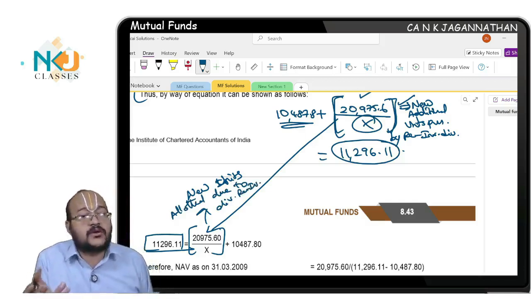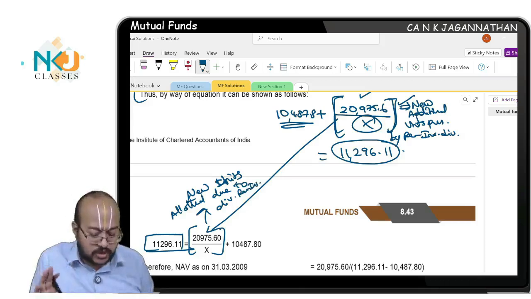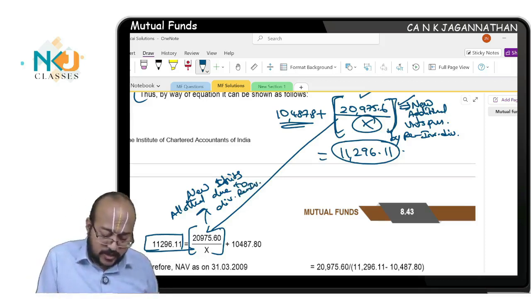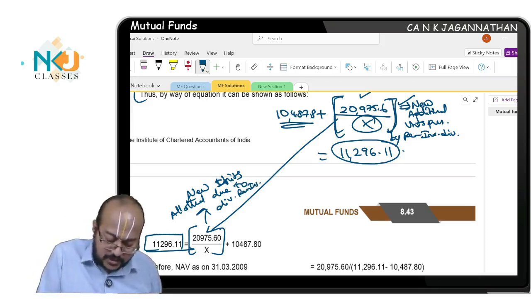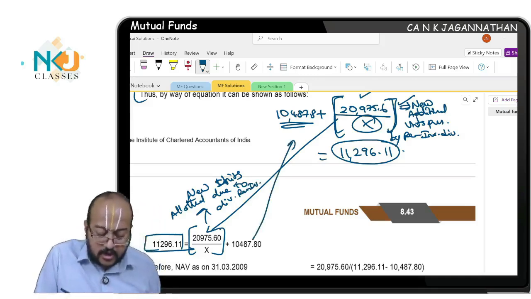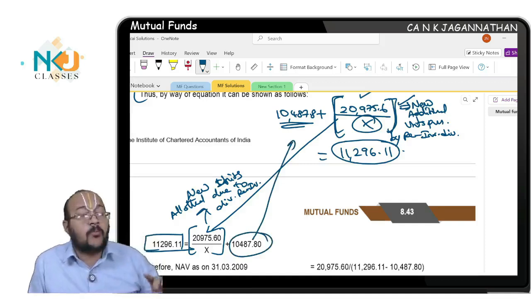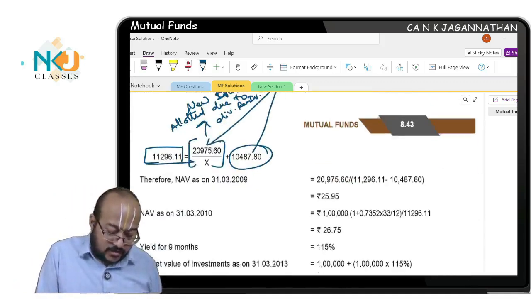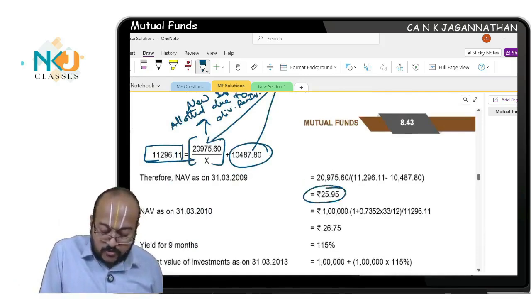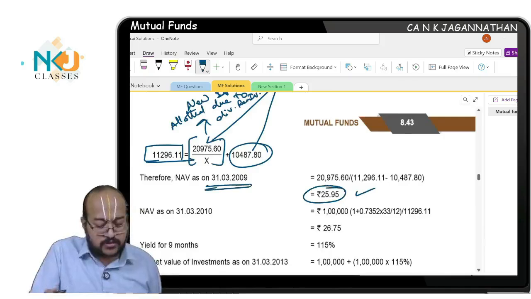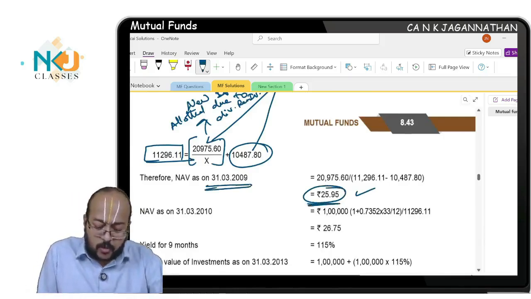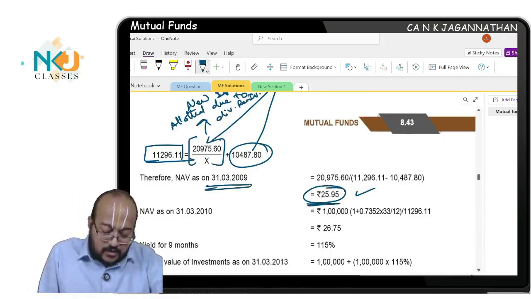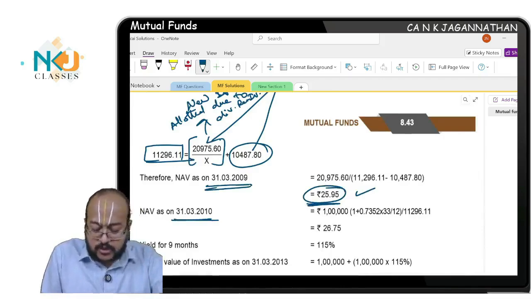I don't know the NAV prevailing at 31/3/2009, but I put it as X and equate. If you solve this, you will get the NAV as on 31/3/2009, simple and straightforward, 25.95.